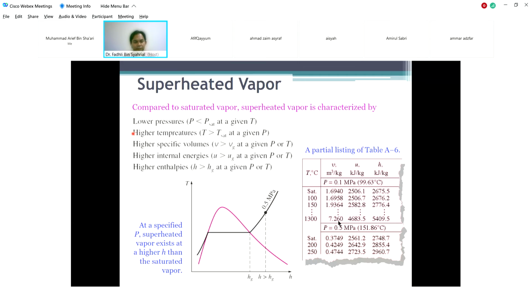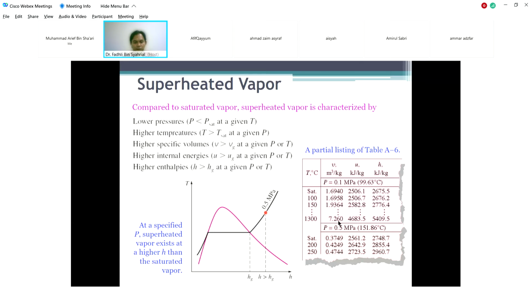The second characteristic says that superheated vapor has higher temperature, where the temperature of superheated vapor T is higher than T saturation at the given pressure. For example, the given pressure is 8.5 megapascal. This is the point of superheated vapor.